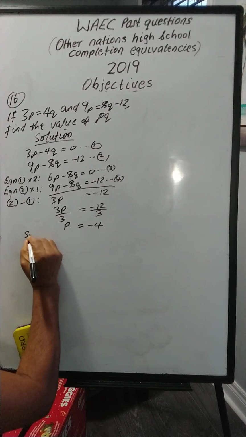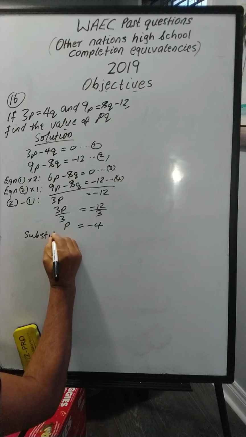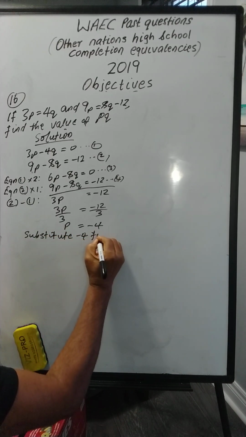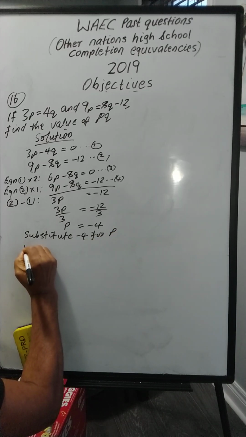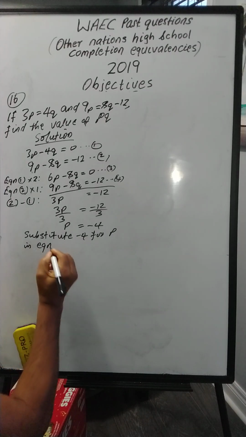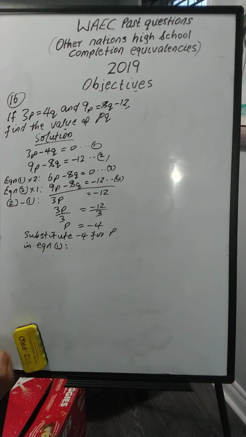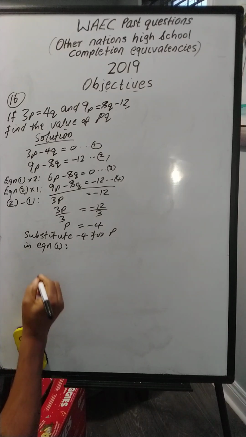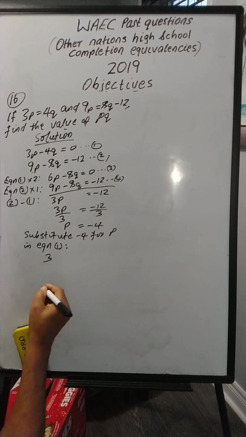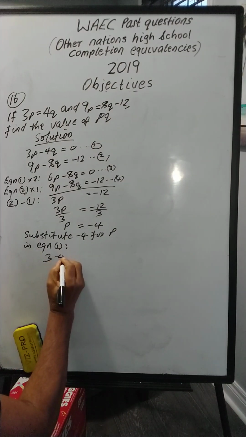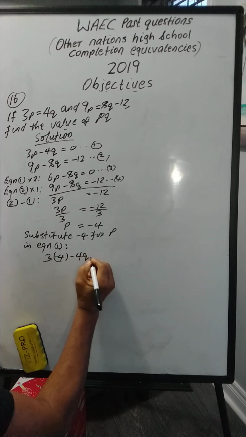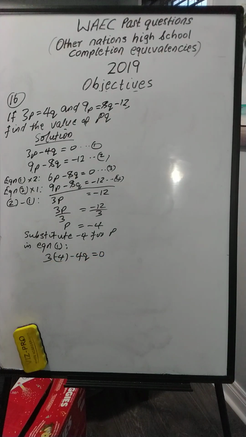We substitute minus 4 for P in equation 1. You can do that in any of the equations. You get the same answer. In equation 1, 3P, this time around P is minus 4, so 3 times minus 4, minus 4Q is equal to 0.